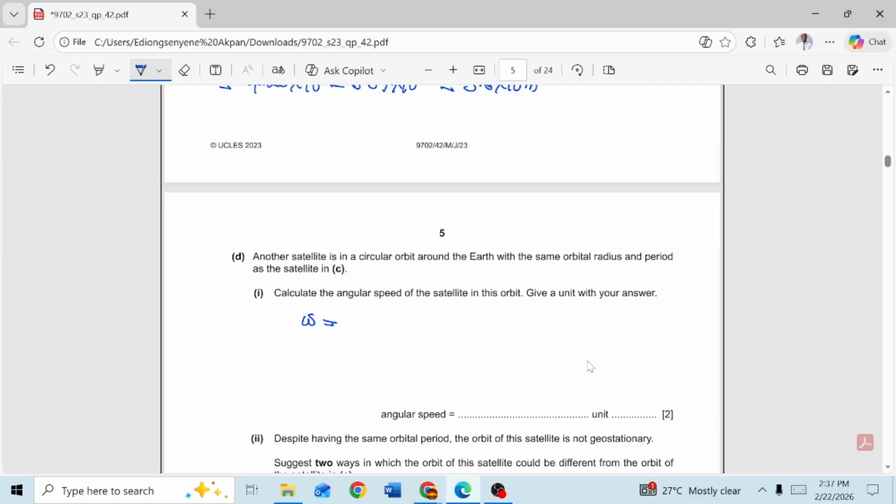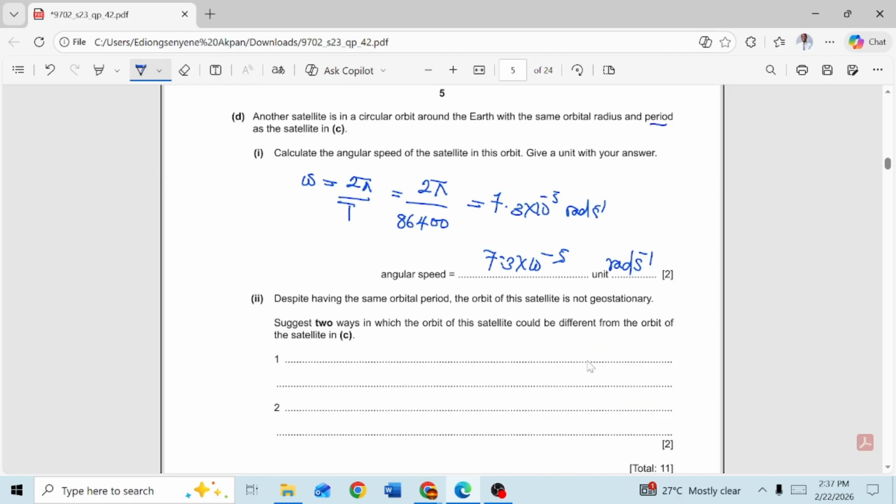Angular speed is simply 2 pi over T. They said it has the same period as that of the satellite, meaning geostationary period 24 hours, 2 pi divided by 86,400 seconds. This will give us 7.3 times 10 raised to the power of minus 5 rad per second. You must ensure you put your unit correctly.